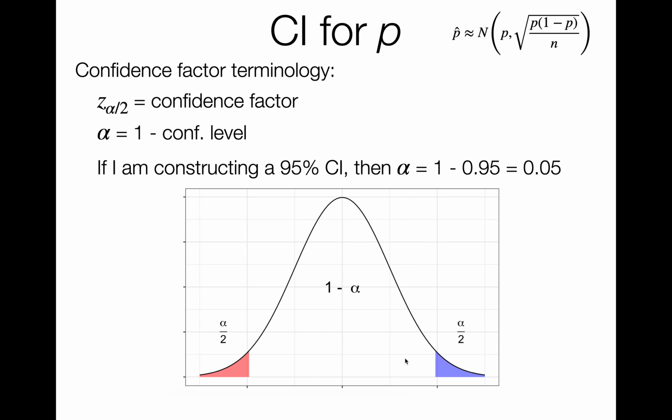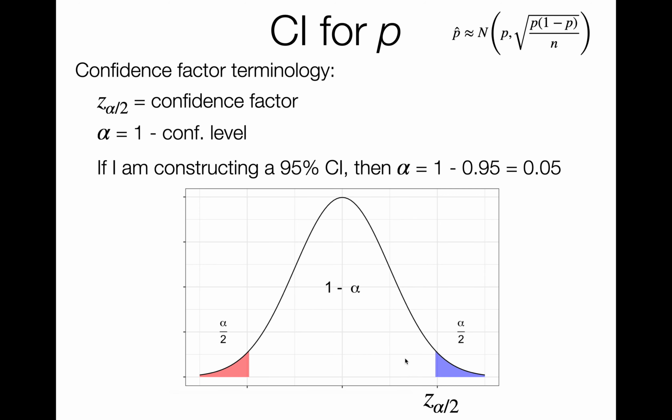Okay, so we're going to use the fact that p hat is normal to get our shape here, and then we're going to use the confidence level, which is 95%, to find where our endpoints are, such that that level of confidence is the area under the curve, or the percent inside in the white, and then the rest would be in the blue and the red. And I know I sort of stumbled around that, but hopefully that made sense.